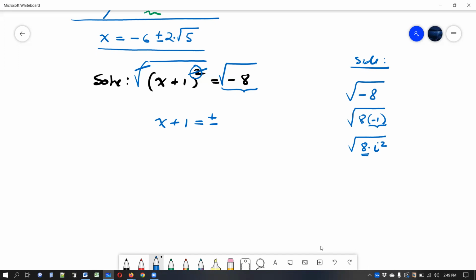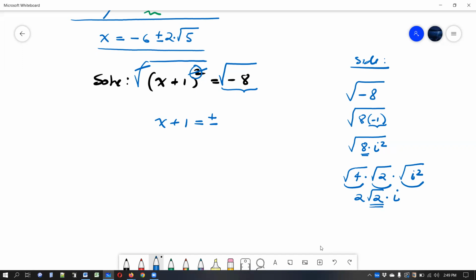Now, all I have to do is see how I need to break 8 so that I can simplify this radical. And we know how to simplify 8. I am going to write it as square root of 4 times square root of 2 times square root of i squared. This is 2. I cannot simplify that. And square root of i squared is identical to square root of x squared, which is just, in this case, i.